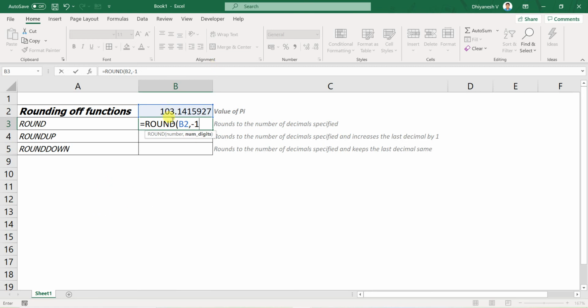So here I am specifying 1, so it will go to 1 digit prior to the decimal point and round that number. Okay, so if I just close this and give 100, 100 is the nearest multiple of 10 available in this number, so you can use that here.